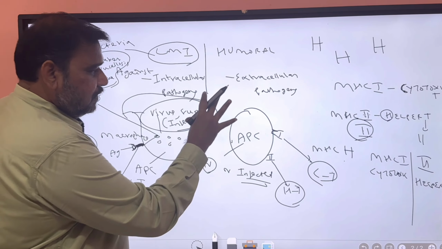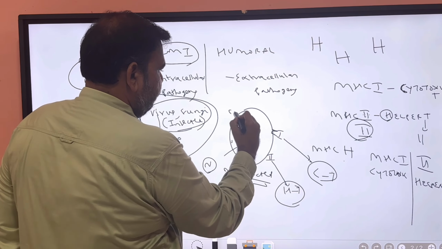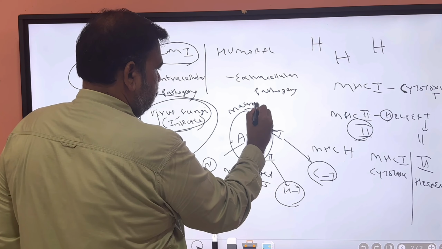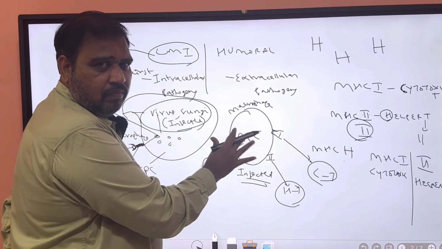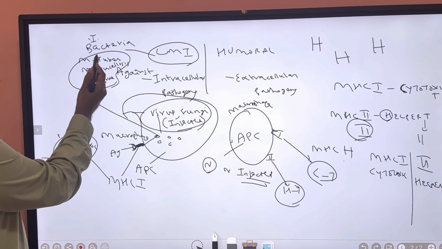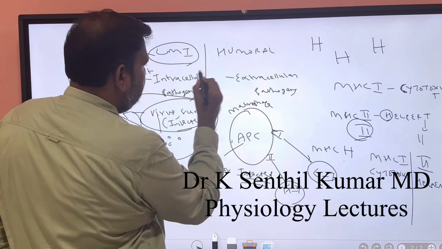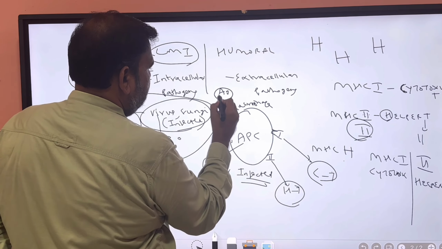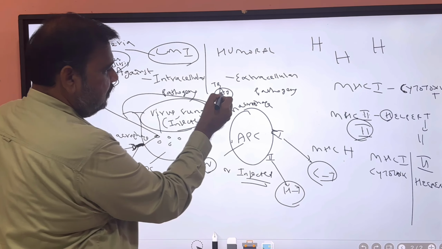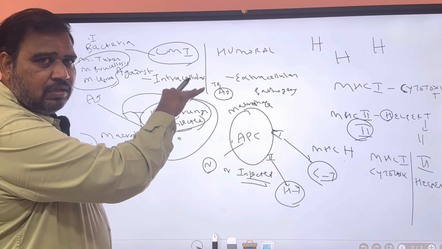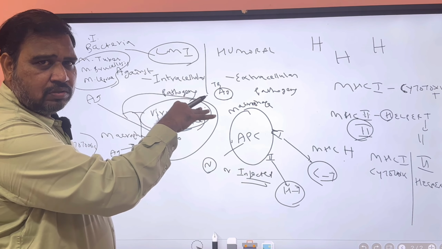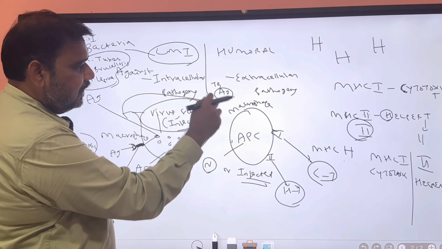If the macrophage, for example, this is macrophage. The macrophage is normal, and Mycobacterium tuberculosis, TB bacteria, which is infected. From this TB bacteria, the antigen is coming here. This is TB antigen from the Mycobacterium tuberculosis bacteria. From that bacteria, this antigen is entering inside.